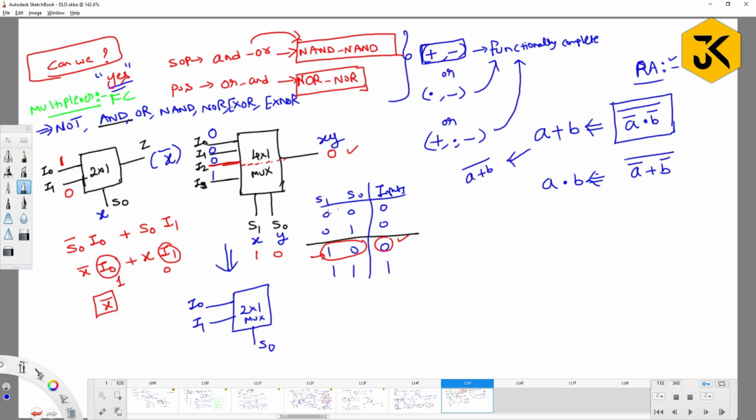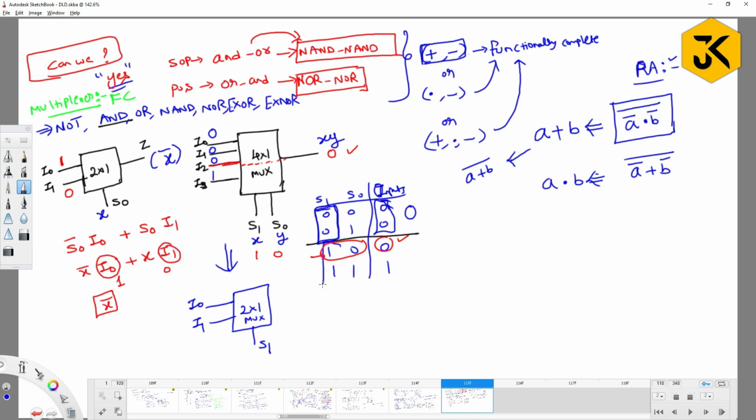Now observe. For the sake of time, I will construct it taking S1 as the select line so that it is easy for you. For S1 equal to 0, with inputs 0 0, what are the respective outputs? 0, so I can directly write it as 0.